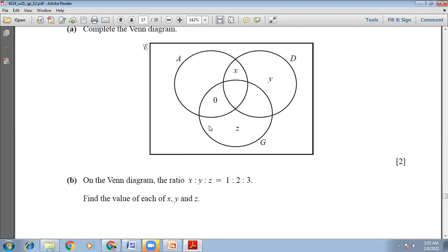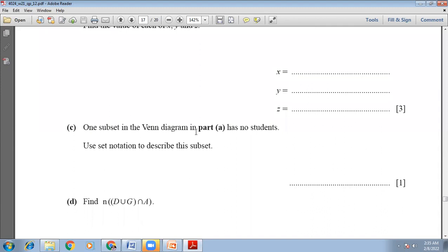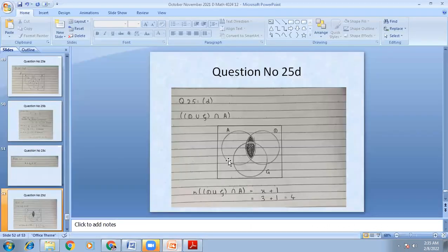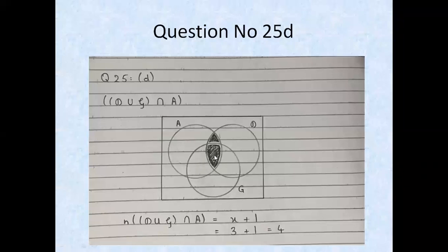D union G intersection with A. Very easy, you see? This portion is 0 basically. This portion was 0.